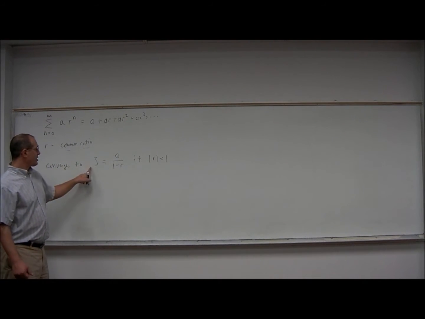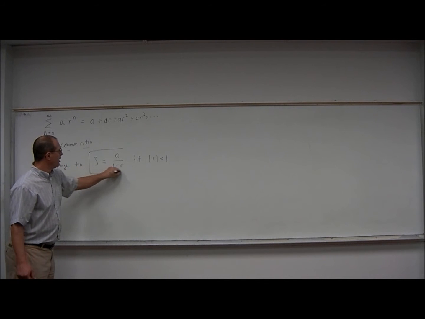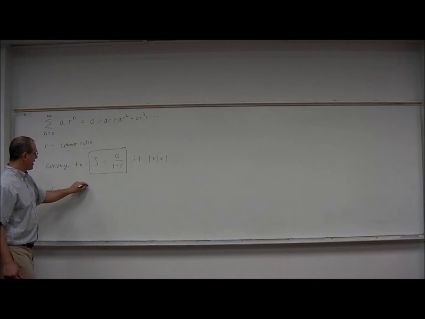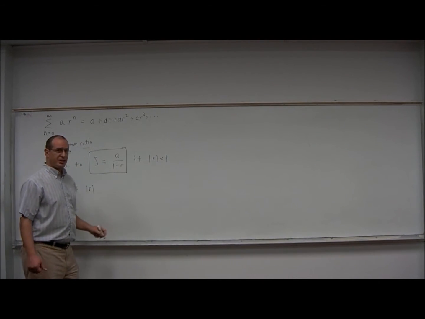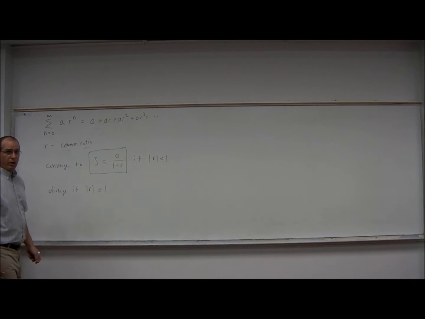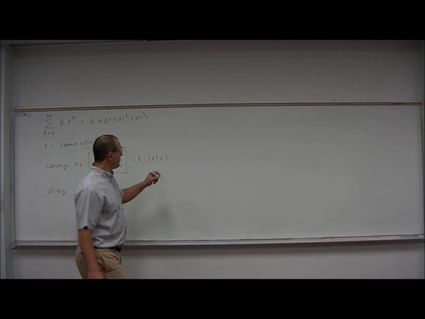And moreover, we actually have a formula for the sum of the series. And the series will diverge if the absolute value of r is not less than 1. So if the absolute value of r is bigger than or equal to 1. So this is the theory of geometric series. Let's have a look at a couple of examples.